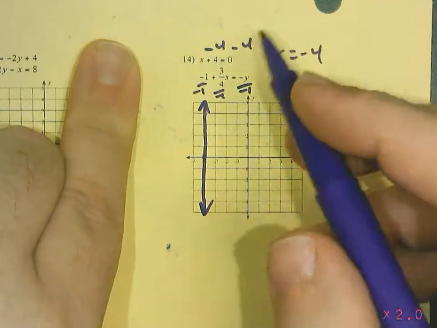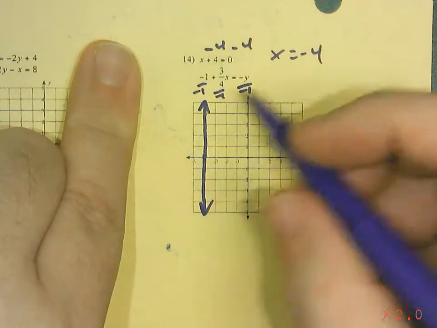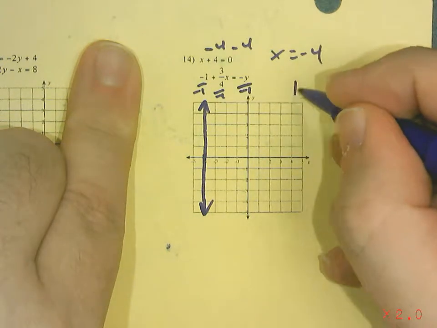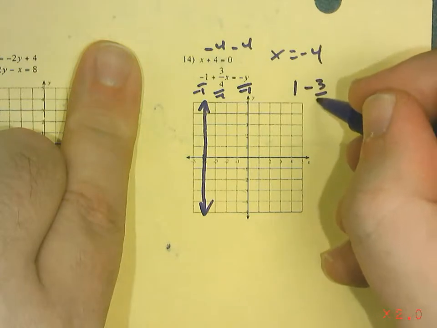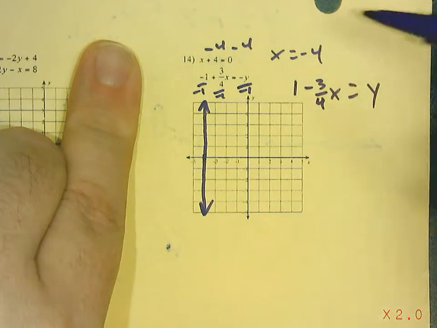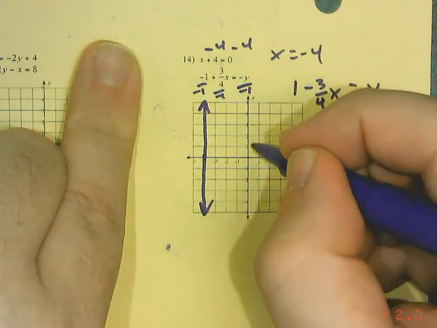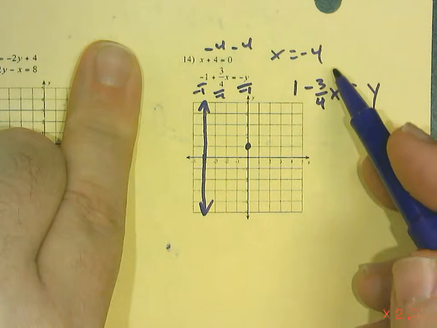Now when I divide by -1, the numbers are going to stay the same. All that changes is the sign. So that 1 is going to become positive. That 3 over 4x is going to become negative. And then the y becomes positive. So looking at that, my y-intercept is going to be 1. And then my slope is going to be -3 over 4.